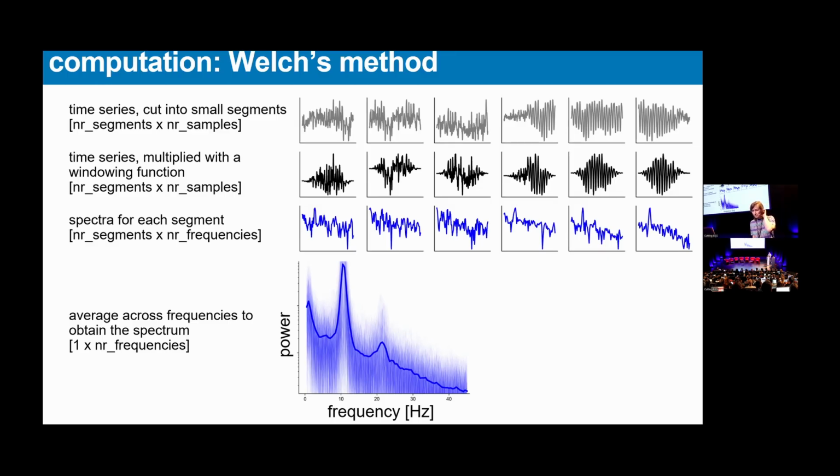More about that later. Then for each segment, we compute the corresponding spectrum, the coefficients that best model the data in terms of sinusoids. What we can then do is average these spectra across segments.